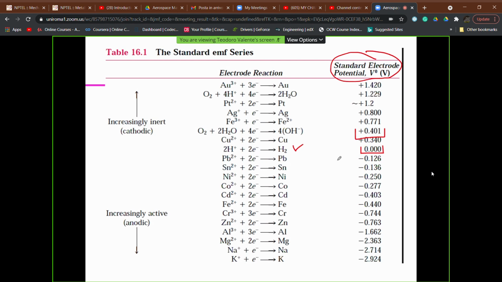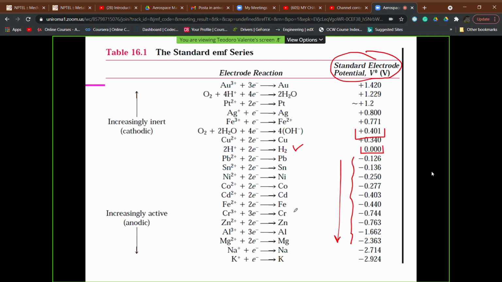And so all what is under the 0 value of the potential of the hydrogen reduction can be corroded by the hydrogen reduction. And this means that if we move this way, we have elements which have an increasingly active behavior, that means an increasingly anodic behavior.